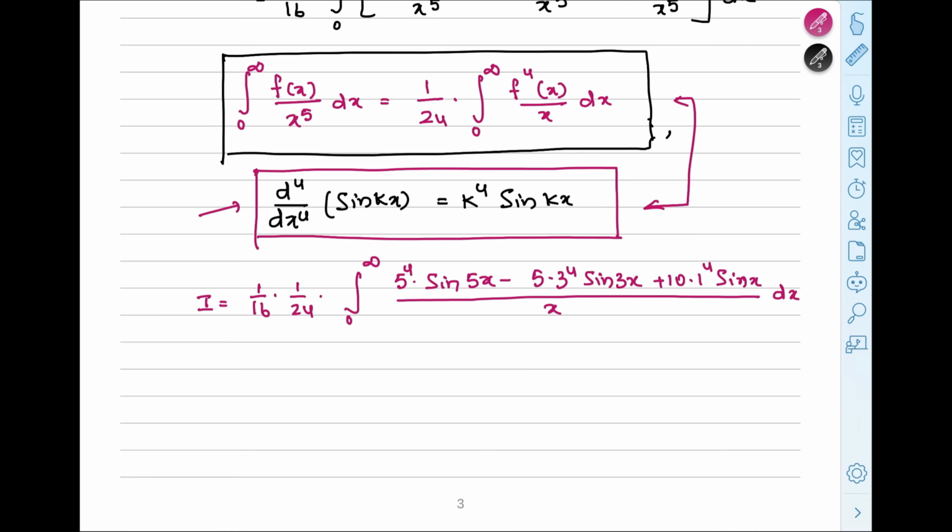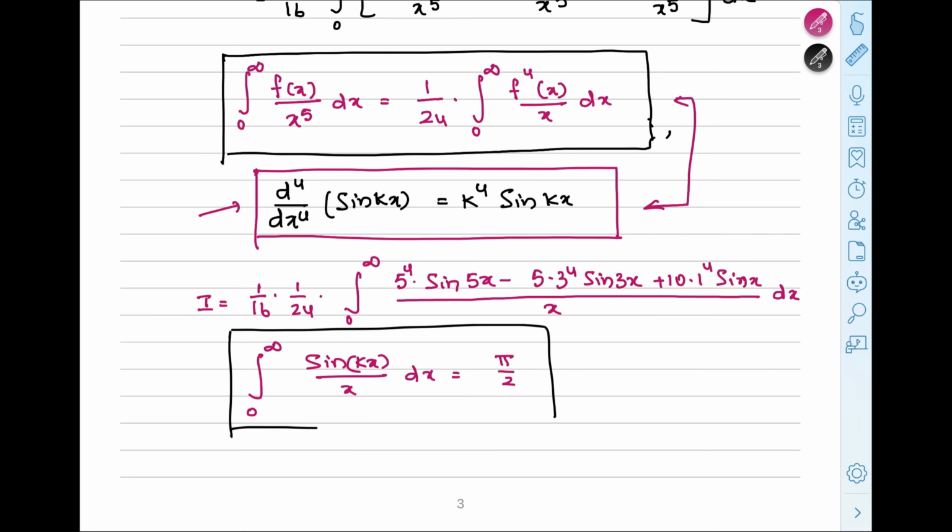Now, we know very well the standard integral, which is also very important: the integral from 0 to infinity of sin kx by x dx is equal to pi by 2. That is not 1, it is pi by 2.